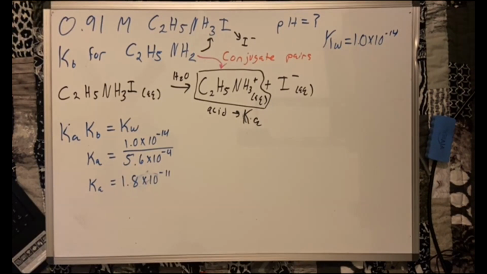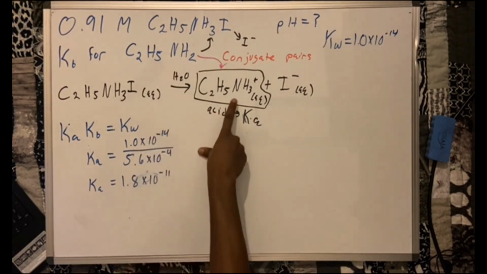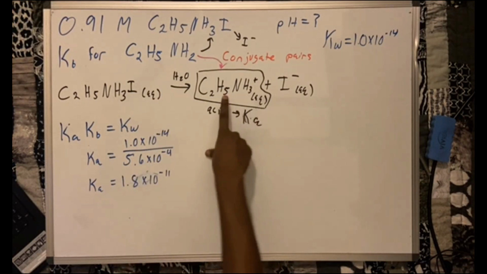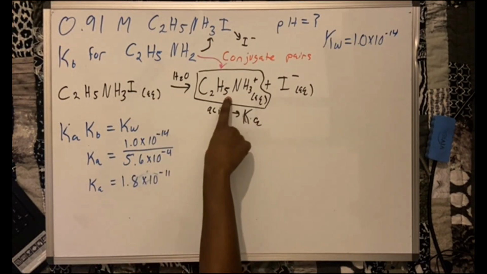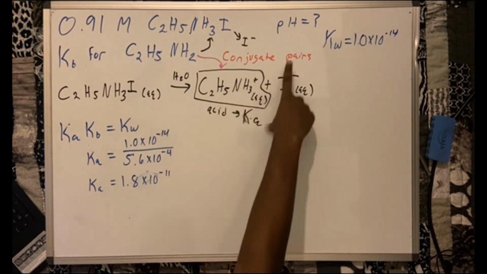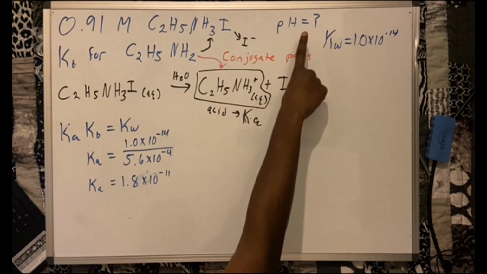Everyone with me so far? Yes. Good. Alrighty. Okay, so now you have a Ka. You have an amount, again, we're ignoring this part. You have an amount of a weak acid sitting in water, and I'm looking for pH. So what do we do now?